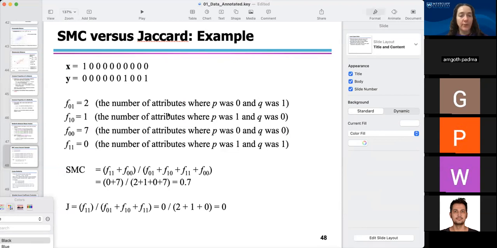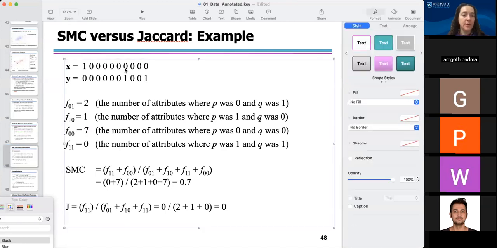We're going to count the number of attributes where the first one has a 0 and the second one has a 1. The only place we have that is right here. The first one has a 0 and the second one has a 1. So we got one of those.